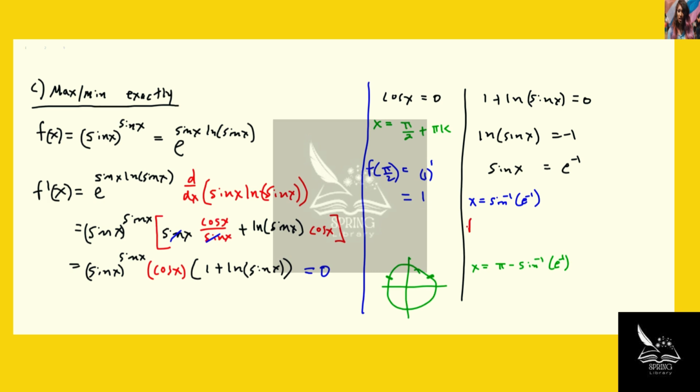So f of sine inverse of e to the -1st power, well, this is going to be, well, sine of sine inverse, those just cancel out, and we have e to the negative first power. And then the same thing in our power here. So we have e to the negative first power raised to e to the negative first power.